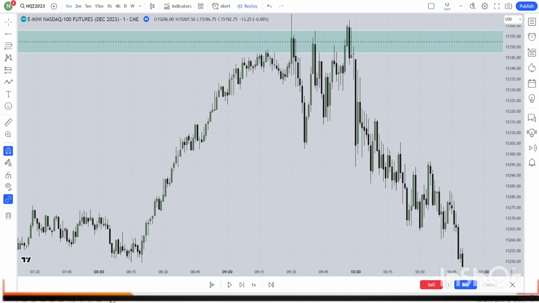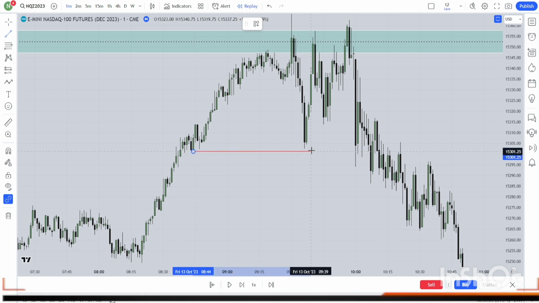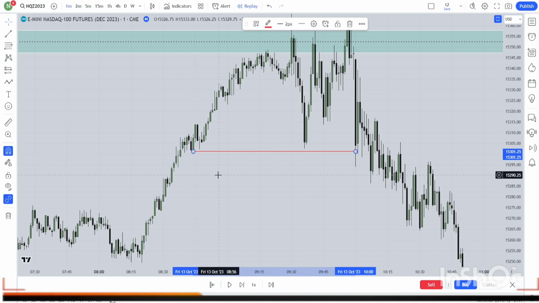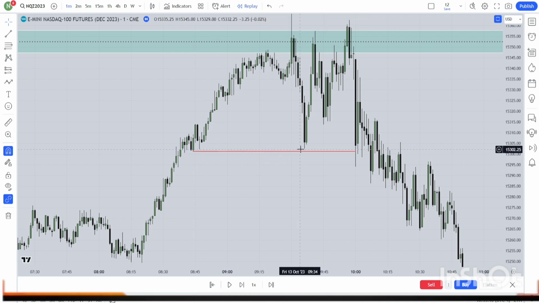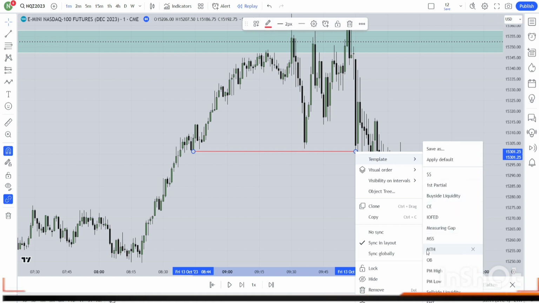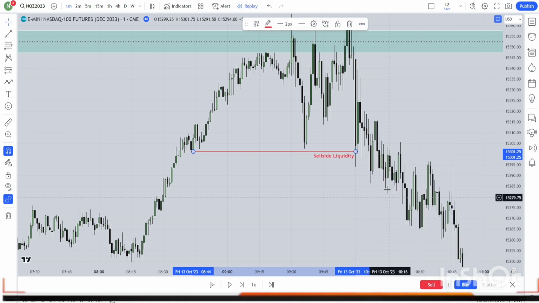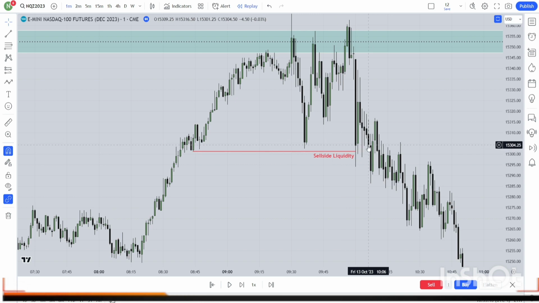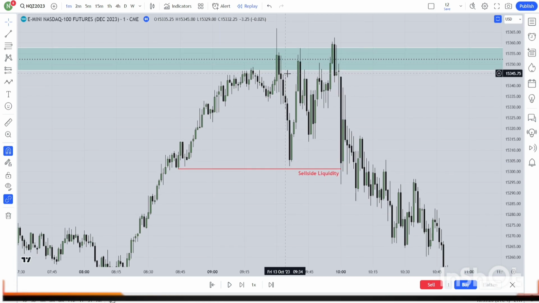Now if you look at this low, this low and this low, they are relatively equal lows. One low, two low, three low, they are relatively equal lows. Whenever you see relatively equal lows or relatively equal highs, that should be your draw on liquidity. So you will take your entry over there when price comes back to the lower part of this fair value gap.